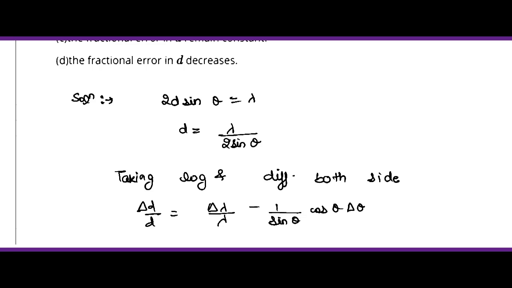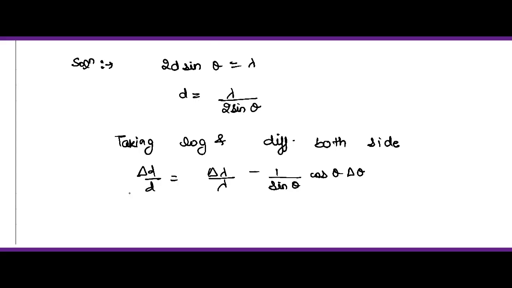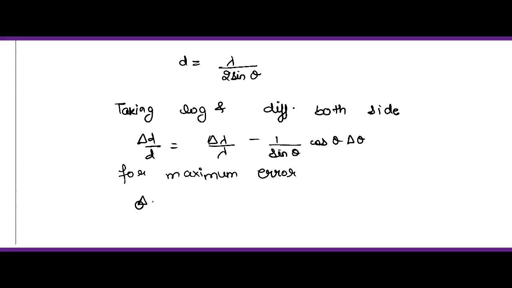For maximum error, all errors must be added. So delta d divided by d equals delta lambda divided by lambda, plus cos theta divided by sin theta into delta theta.